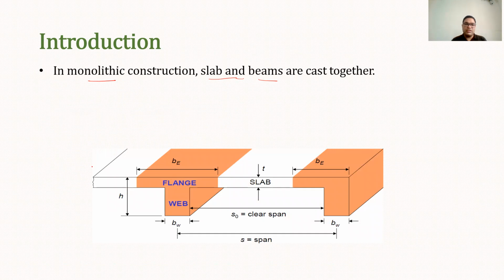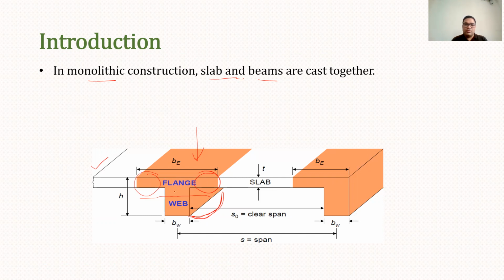So as you can see in this figure, if the beam is subjected to positive bending moment, which means if the beam is bending like this, so in that case, if load is coming downward like this, we know that above the neutral axis the concrete will be in compression. So as the slab is cast integrally with the beam, some part of the slab will also contribute towards the compressive strength of the beam.